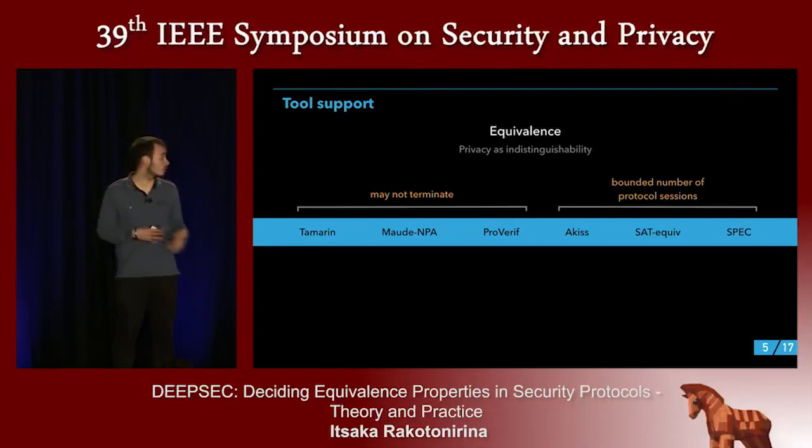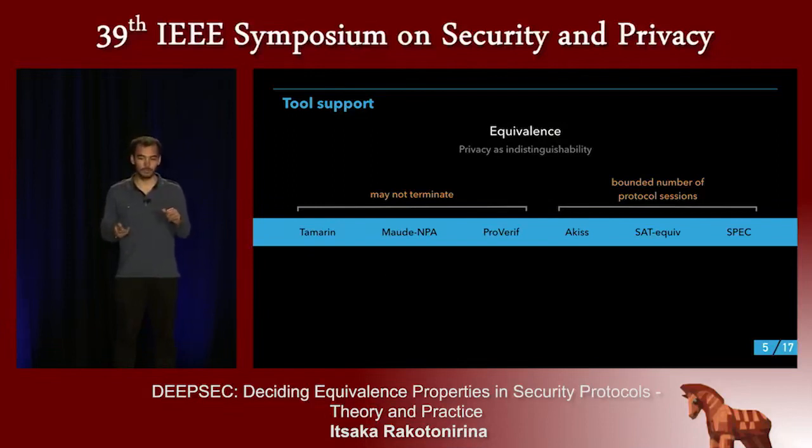Or you can just consider the unbounded case. The practical interest of the bounded case is actually that we noticed that in practice, the number of protocol sessions you need to mount practical attacks is quite small. So even if you bound the number of protocol sessions, you can find a lot of practical attacks.